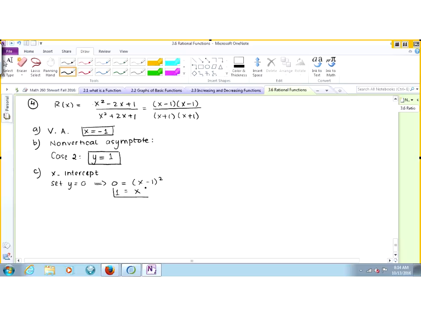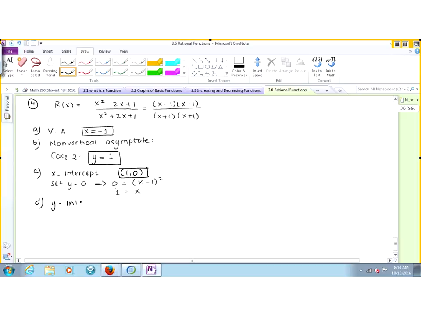Equal to 1. Oh, I'm sorry. I'm not supposed to box this, right? What am I supposed to box? Yes, which is 1, 0. If I box x equals 1, that looks like an equation of line. So I don't box x equals 1.